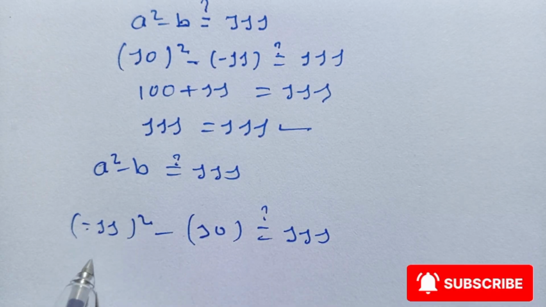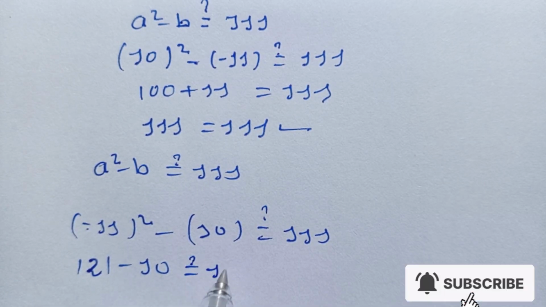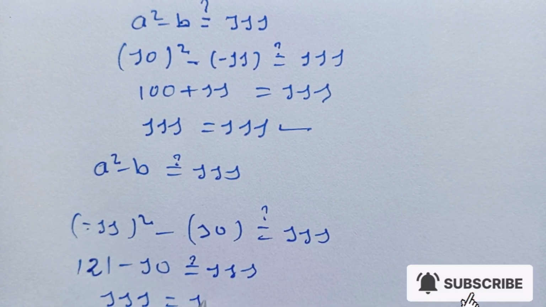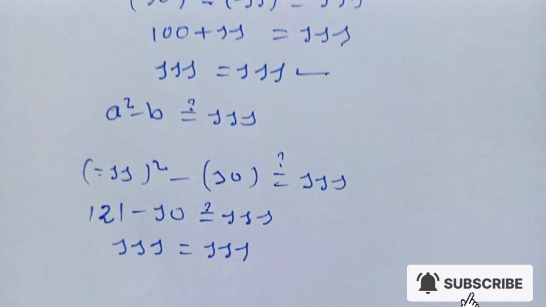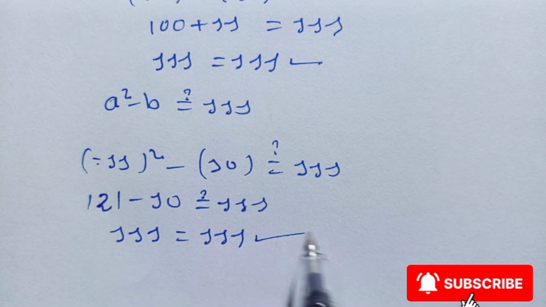This gives positive 121 minus 10 equals 111. It gives us 111 equal 111, the left side and right hand side are equal.